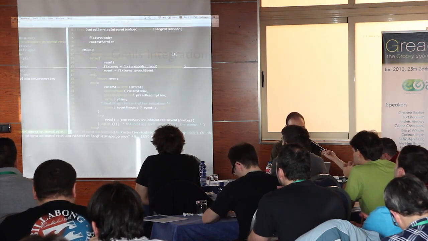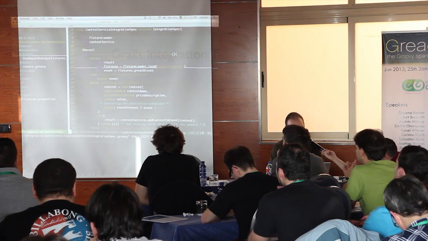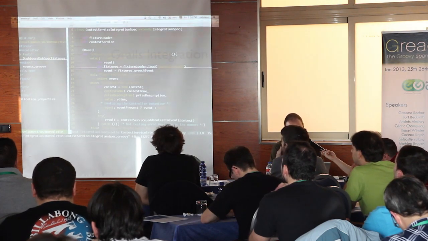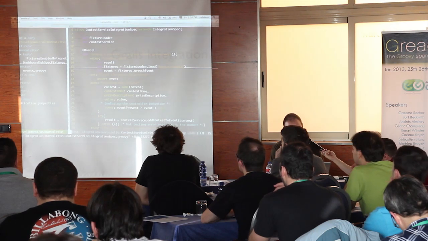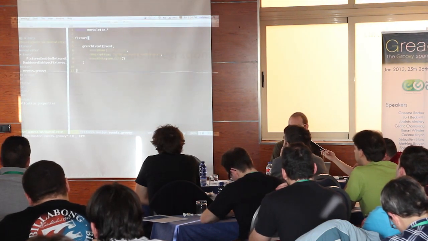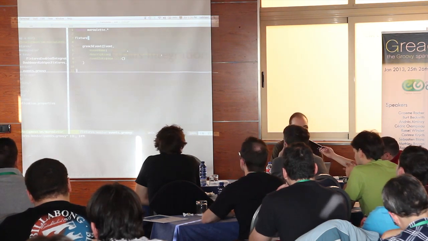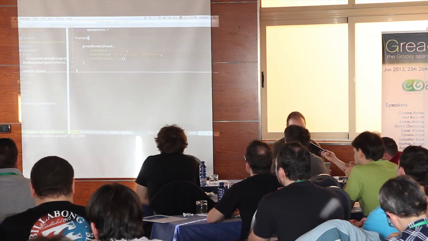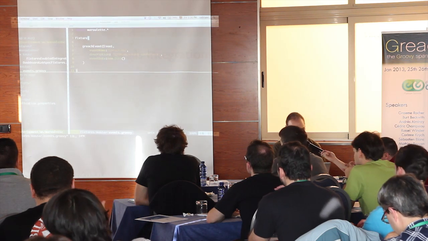I'm going to show you what it looks like. Fixtures, I think it's this one. Here we are building an object, and we can use it in any of our tests along our application. So it's very useful.